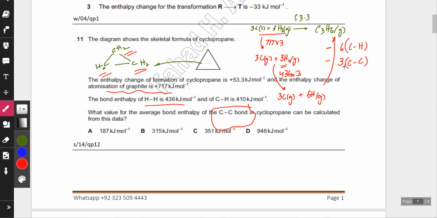We don't have 313 actually. What did you do? One path should be created. I mean, this one path is going to be equal to the other path, right? So it's 53.3, and that's equal to 717 into 3 plus 436 into 3, and then minus 6 C and H bonds. That's given over here, 410. And then it's minus 3 C and C bonds, which are unknown. So you have to make C and C bonds the subject of the equation.